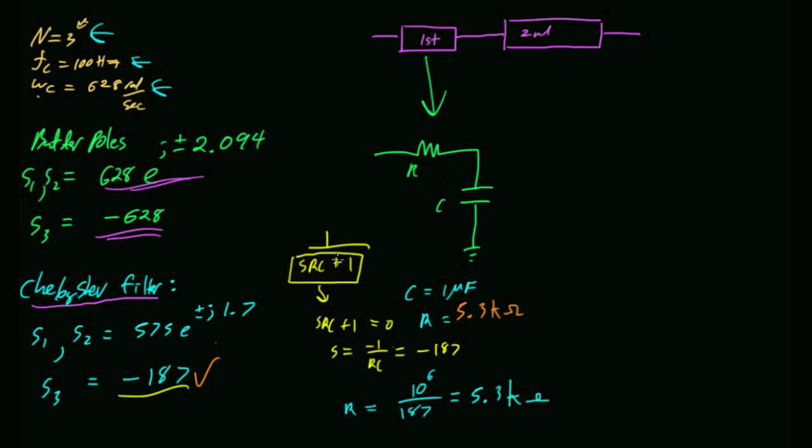Look at this. S equals minus 1 over RC. There is not a J to be seen. There are no square roots of negative 1. Seriously, this filter will only produce real poles. I've got my real pole. Now I need to deal with complex poles.